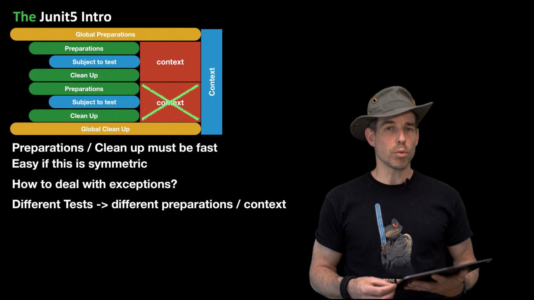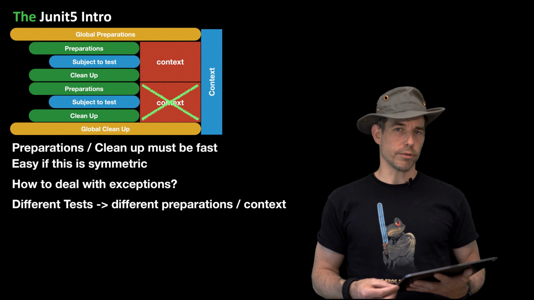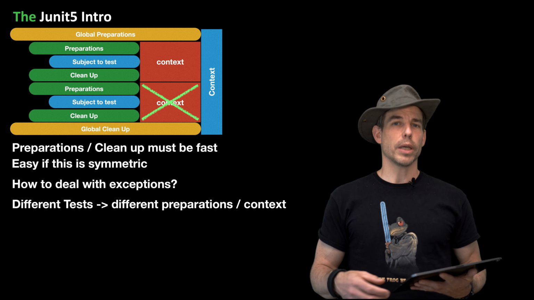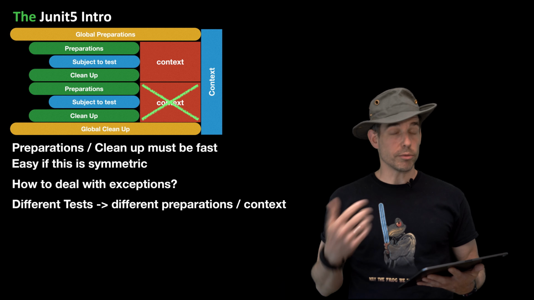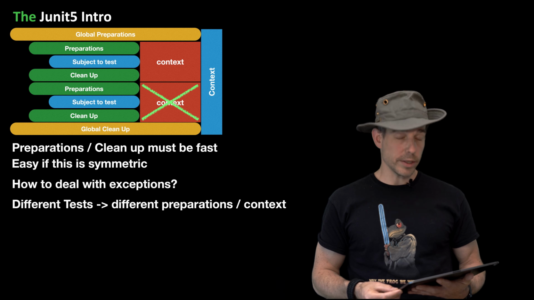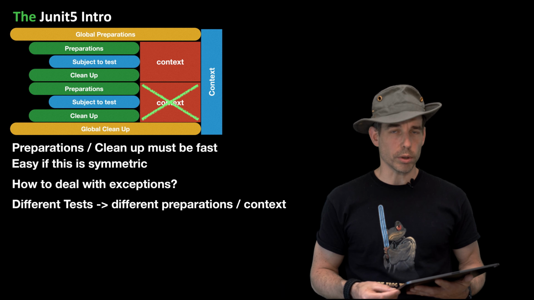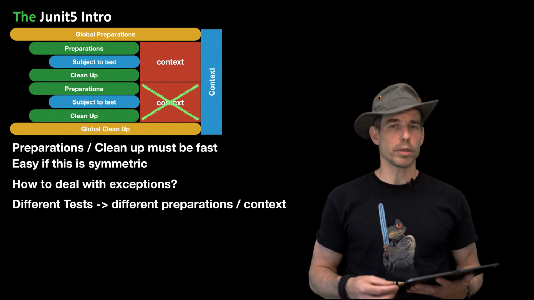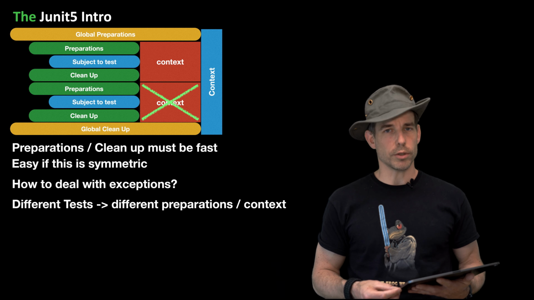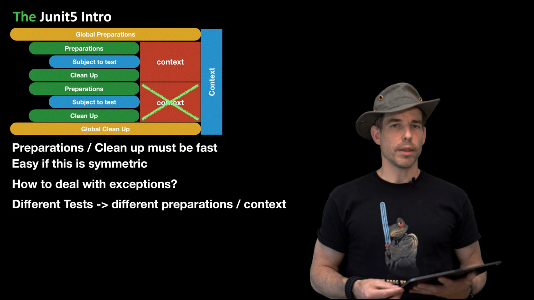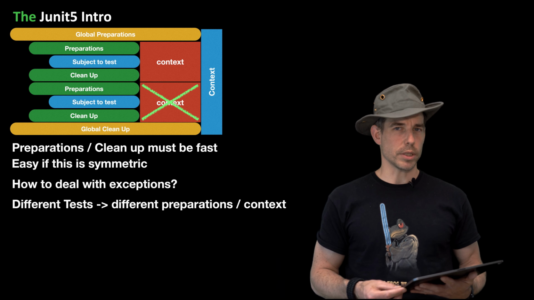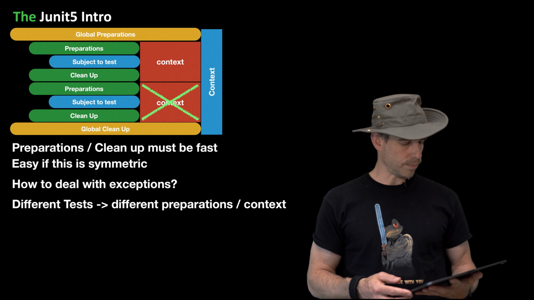So for example, if you want to remove all stuff from the context to make a space or make it available for the next test. This means that if you have exceptions or if you have something that's going wrong inside your context or inside your context management during the ramp down phase, this could lead to really bad behaviors and wrong test results.